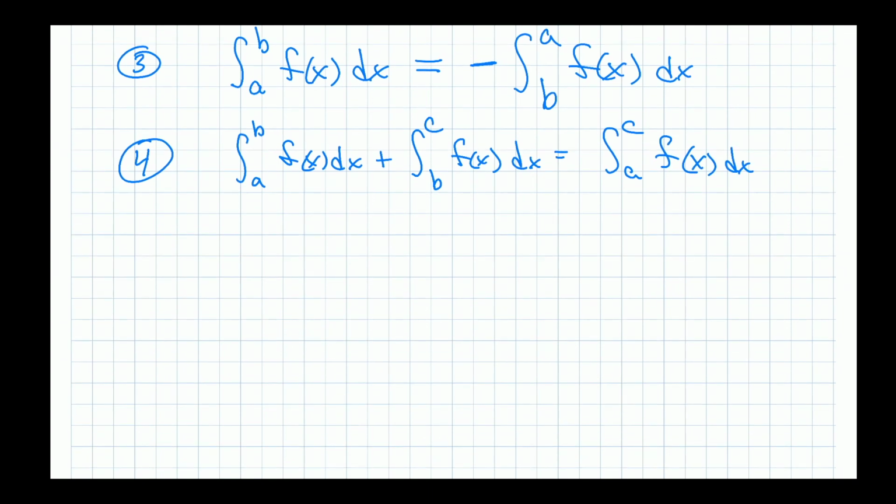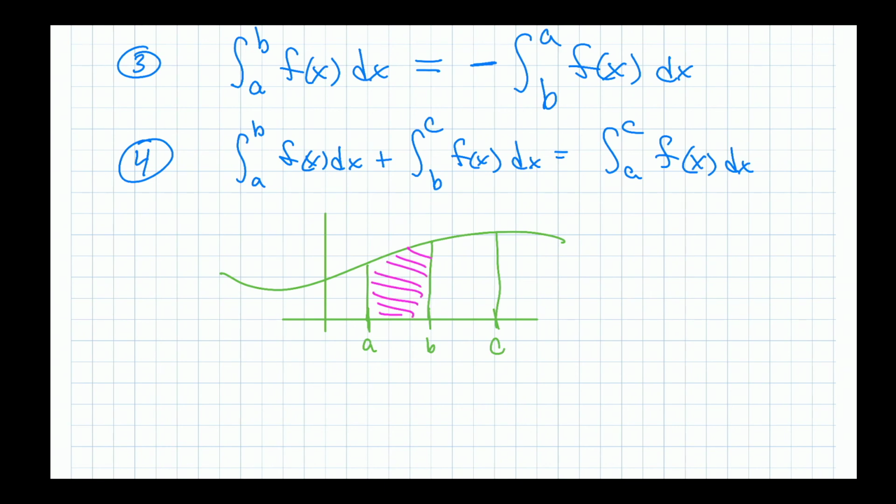And we'll draw the picture for that one, even though we just talked about it a little bit. So, pretty simple idea. If you have a to b and then b to c, right, and you split that up, if you take this area, which is that, and then you take this area, which is that, right, a to b and then b to c, if you add those together, aren't you just going to get the integral from a to c, which is from here to here, right?